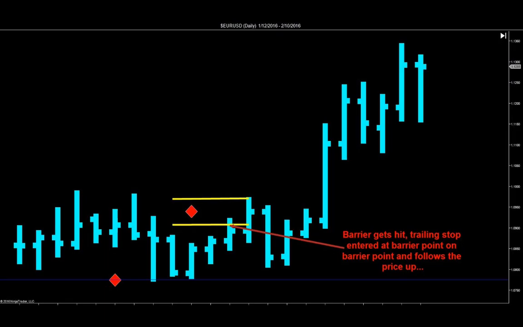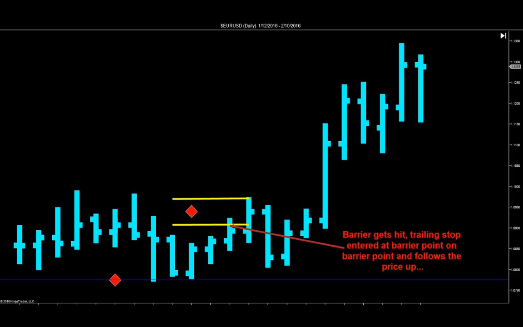What we have to do is go in and check through past history what kind of trailing stop would work best in this market. Would it be 10 pips? Would it be 15? You're going to have to do that work on your own. But anyway, since we're going up, once this lower barrier gets hit right here, we throw in a trailing stop because it's now inside our price target zone, you see.